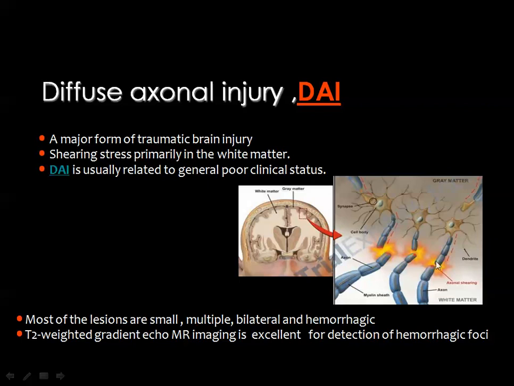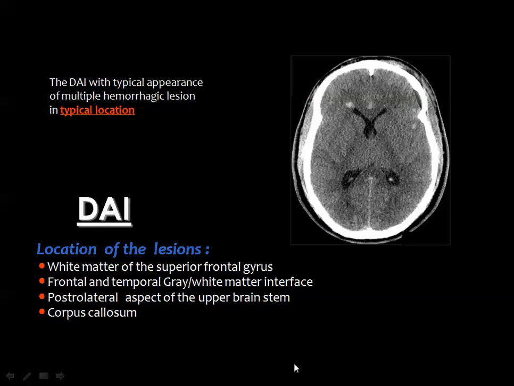It will affect the axons of the neurons, resulting in classically typical petechial hemorrhagic foci distributed in characteristic locations in the brain parenchyma. A diffuse axonal injury has a poor clinical outcome, and the lesions are usually very small foci of hemorrhage distributed in both cerebral hemispheres as well as in the brain parenchyma.